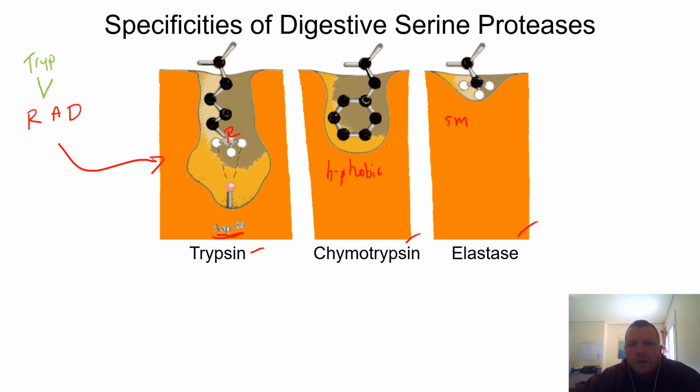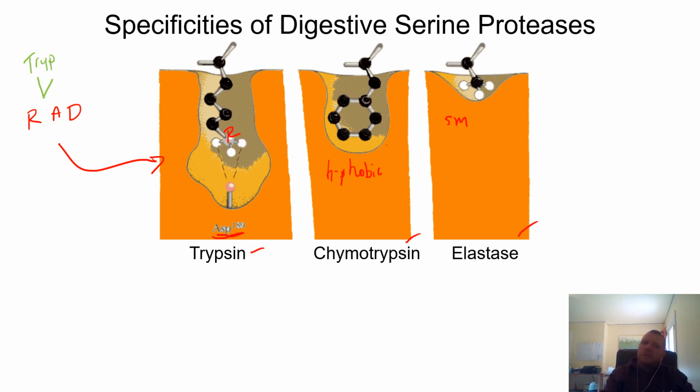Now then, if we gave this same polypeptide to chymotrypsin, chymotrypsin's looking for a hydrophobic residue, a bulky one like a tryptophan or maybe even a tyrosine. In this tripeptide right here, I don't see that. We don't have one of those.